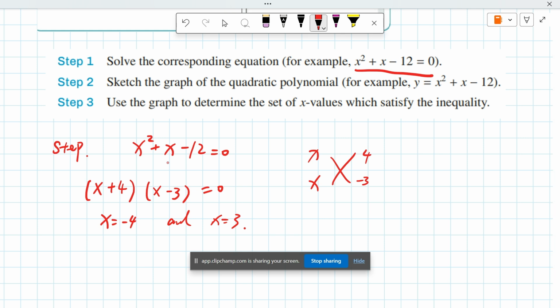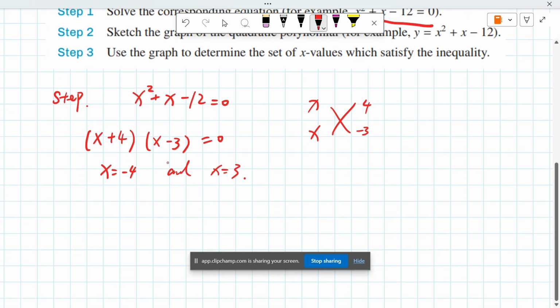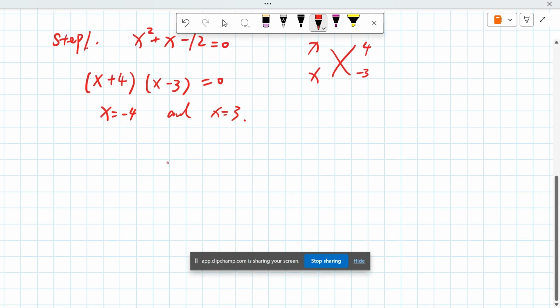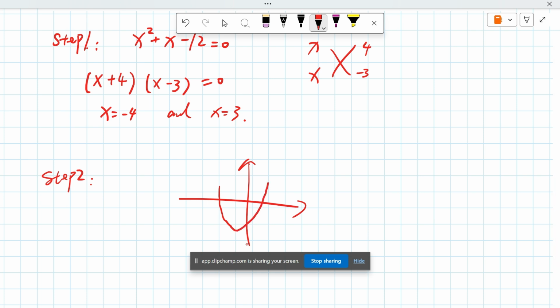Then we sketch the graph by hand, which is step 2. For example, I just do it roughly. The graph looks like this, with intercepts at minus 4 and 3.